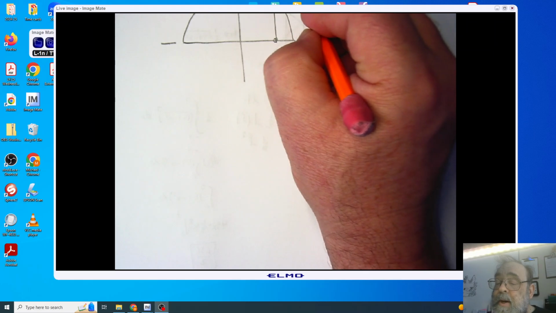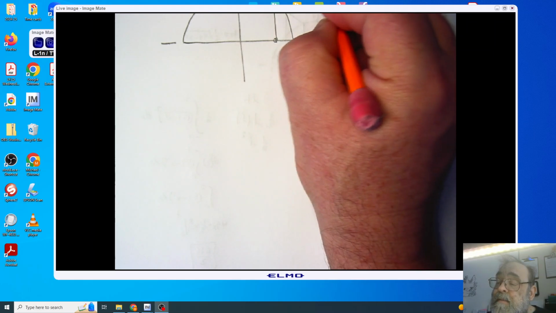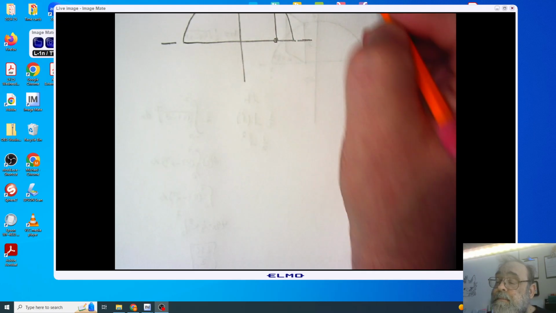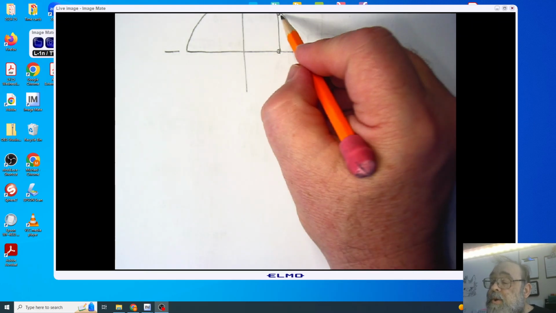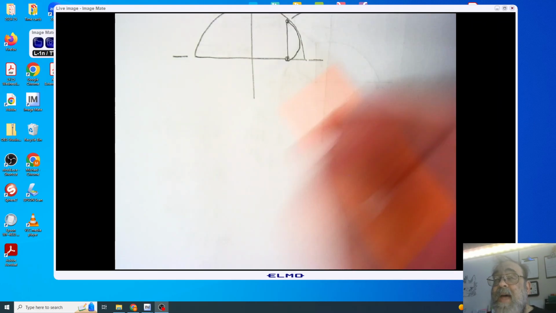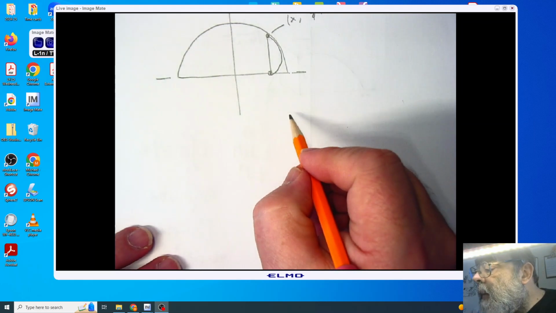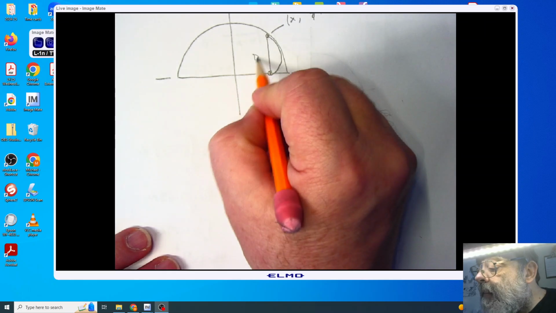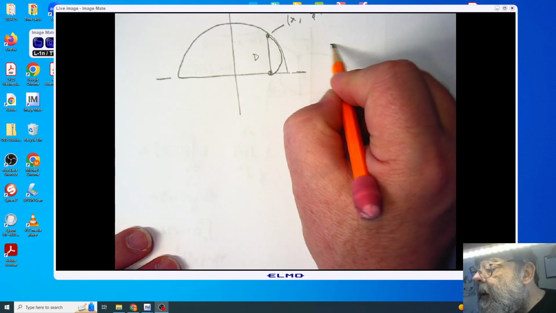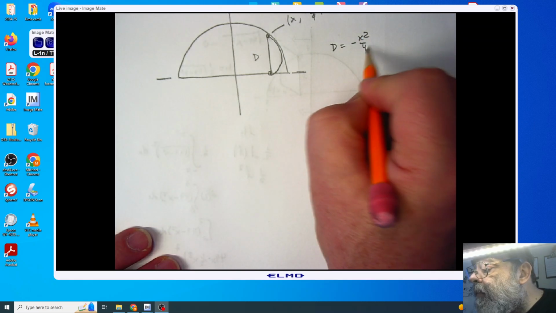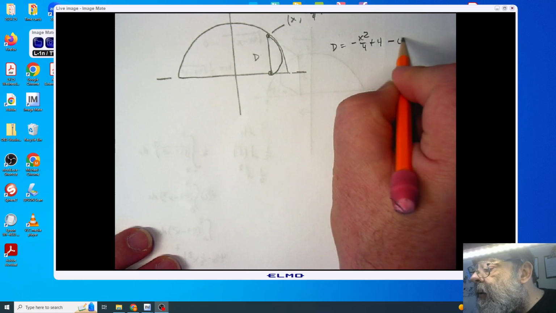And this upper point is x comma negative x squared over 4 plus 4. We're talking about semicircles going like that. So here is my diameter of this semicircle. And the diameter is going to be negative x squared over 4 plus 4 minus 0.